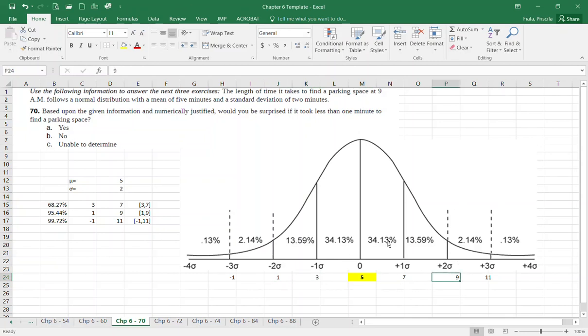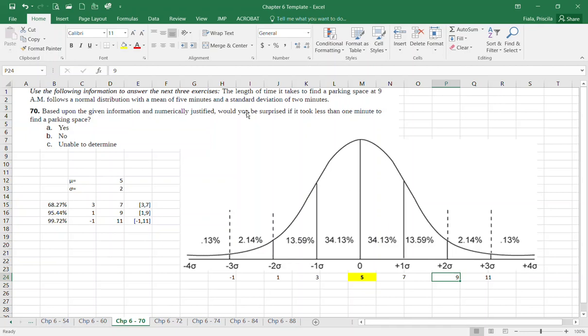But here I'm really pushing. I'm already at 3 standard deviations from my mean, so I have a negative amount and an 11. Those are my extremes, almost.